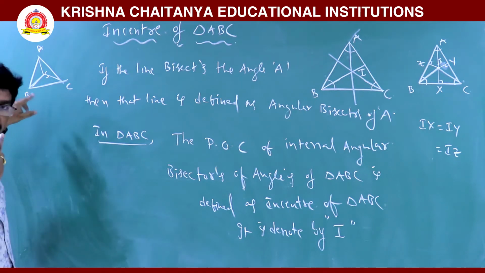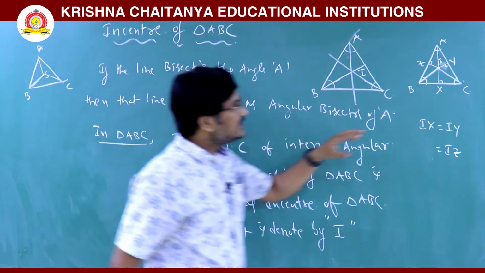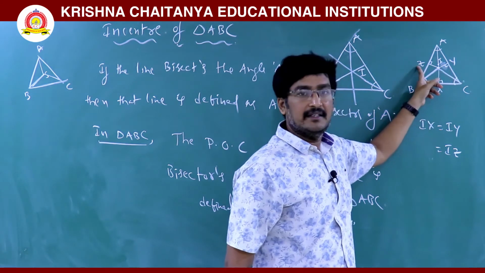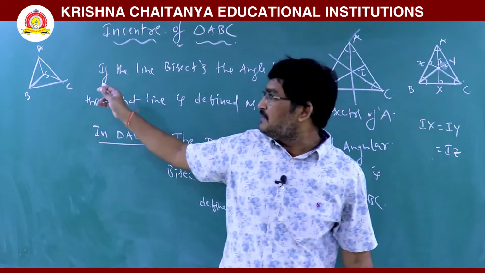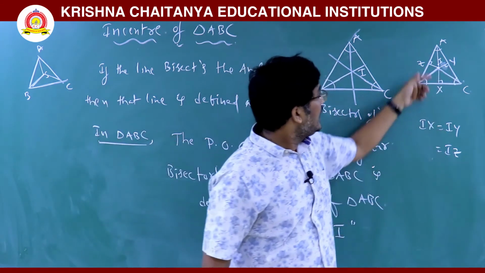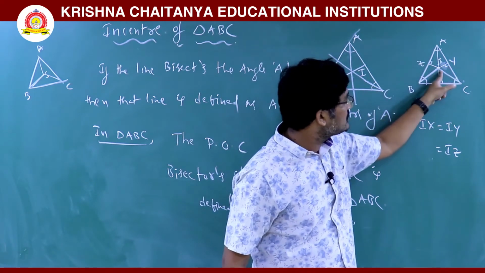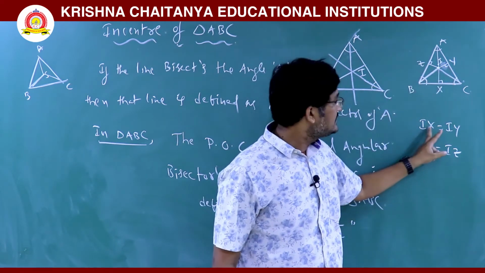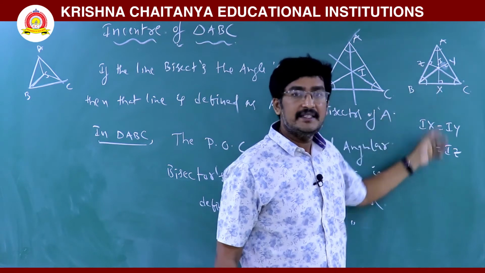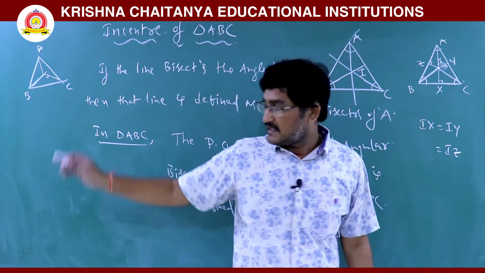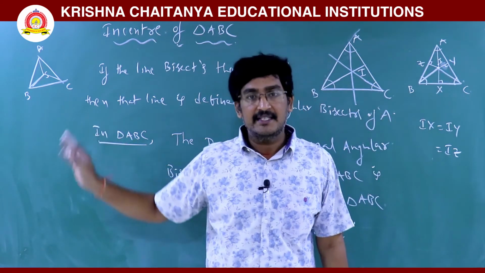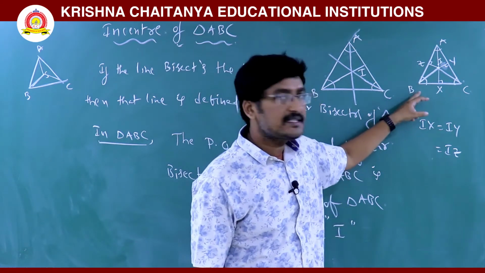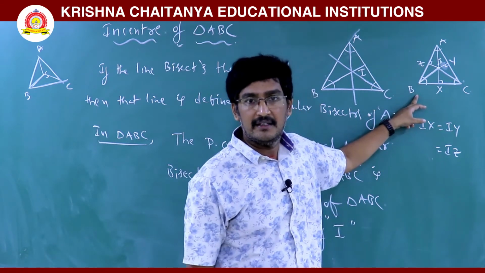The incenter is equidistant from the three sides of the triangle. There, SA equals SB equals SC. Here, IX equals IY equals IZ. You have to remember: the circumcenter is equidistant from the three vertices of a triangle, and the incenter is equidistant from the three sides of a triangle.